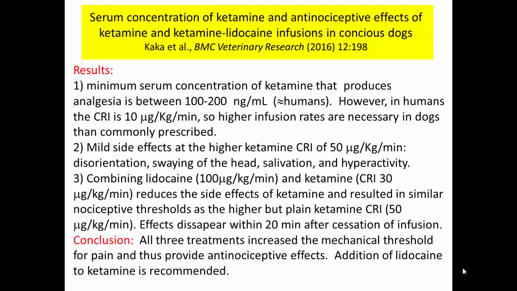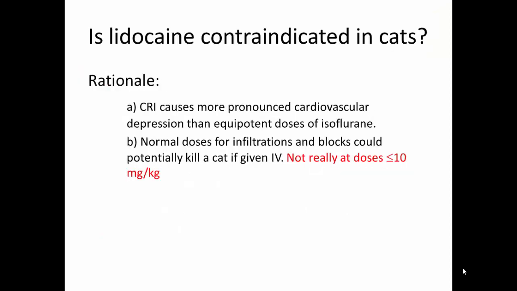Now, as a final slide, there is some controversy as to whether lidocaine should be used in cats or entirely avoided. It seems to have a bad reputation, but when you search the literature, it doesn't really suggest any particular sensitivity of cats compared with other species like dogs.